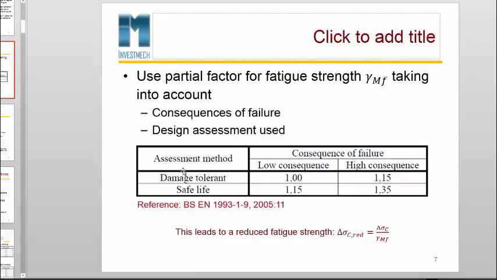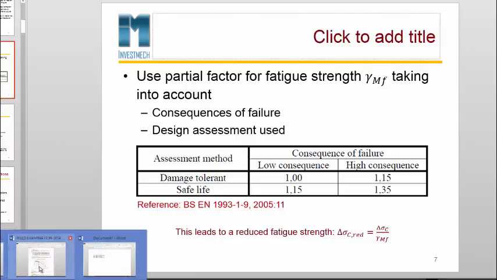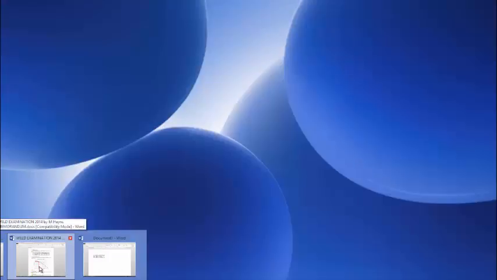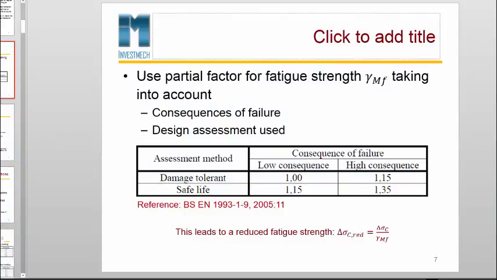In this case, if I remember the question correctly, but I can reopen it, we can go back to the question. The question in this case said, safe life assessment method with high consequence of failure.